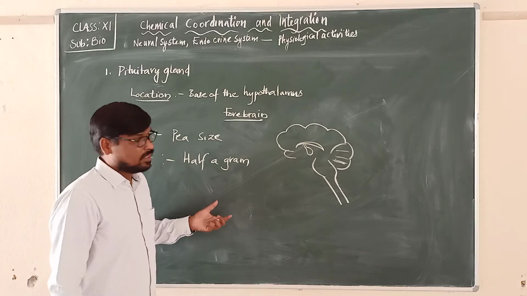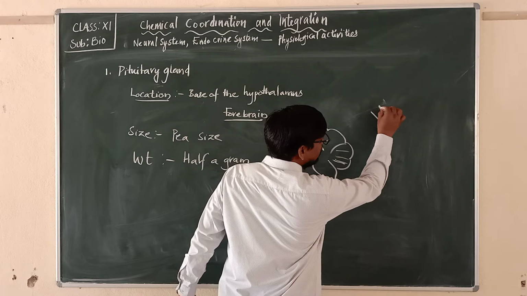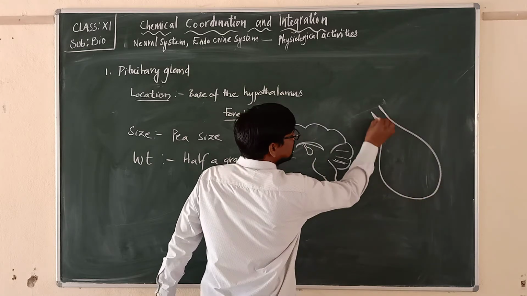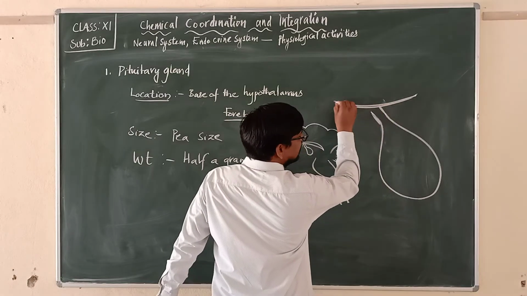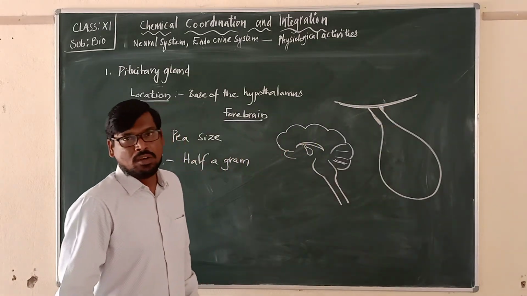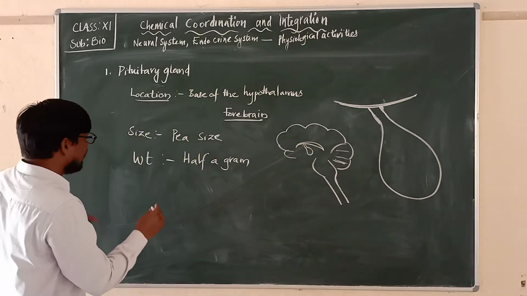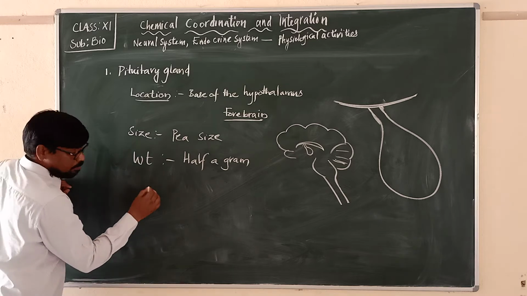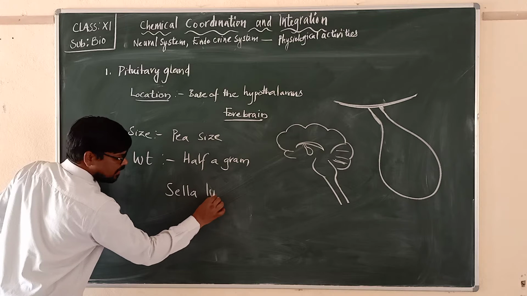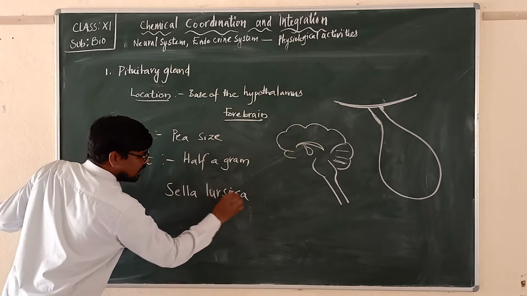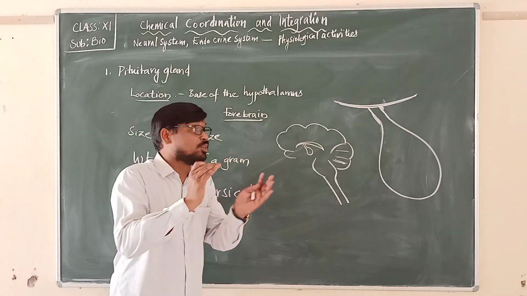Another major thing we have to remember is that this pituitary gland, present at the base of the forebrain, is located in a bony socket called the sella turcica. Please remember, this is very important. Sella turcica is the place in which the pituitary gland is present.